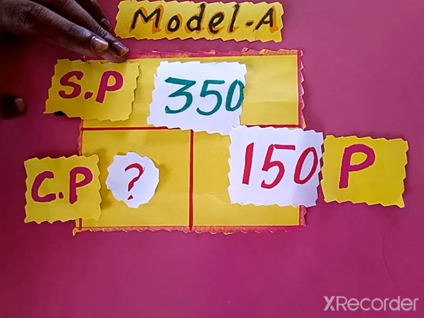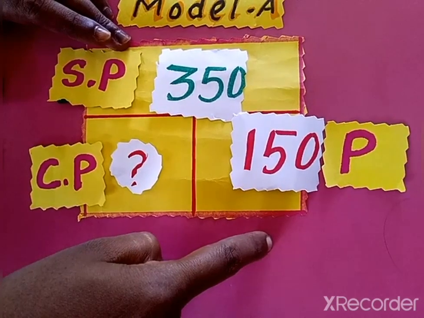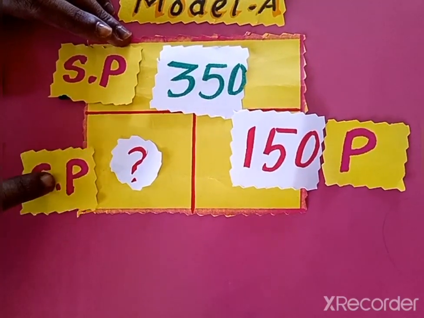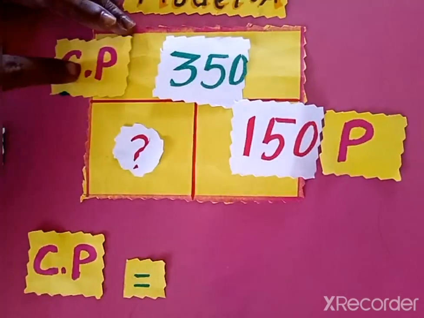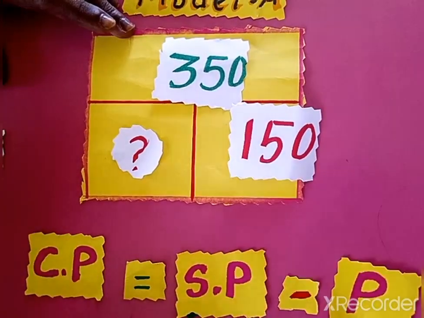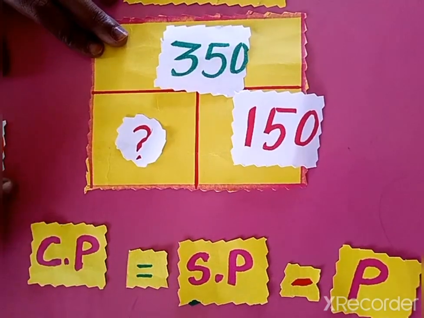Then in the same way, how to find the cost price? See here, selling price is given. I don't know the cost price, but I know the profit. So to find the cost price, what can be the formula? Yes, cost price is equal to selling price minus profit. So again 350 minus 150. What do you get?